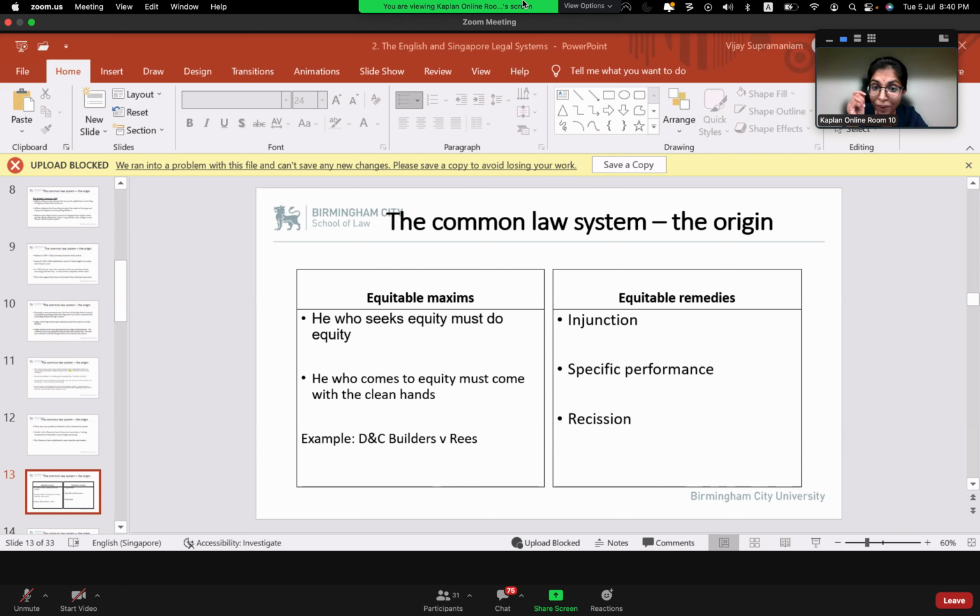So when they were aware of the financial difficulties, they took opportunity of the financial difficulties, and what did you do? You wanted equity to protect you. How can equity protect you when your conscience is not clean?